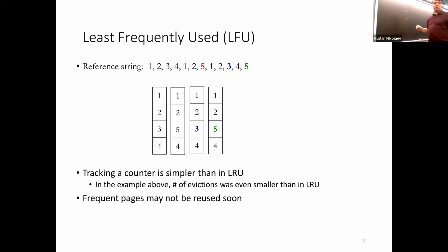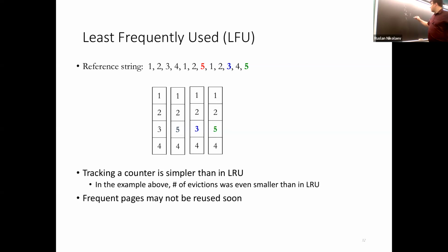What do we do for 5? We need to kick out some page. Which of them is least frequently used? We have 2 pages that are least frequently used, 3 and 4. But we can break a tie by some page address or something like this, just like we did for the optimal algorithm. So we can kick out this one and put 5 here.